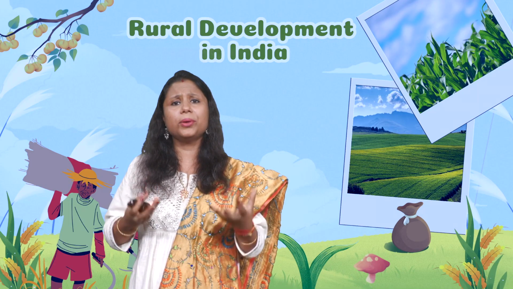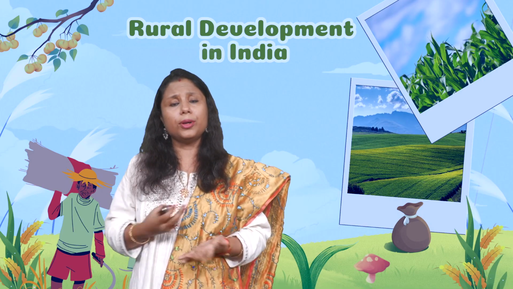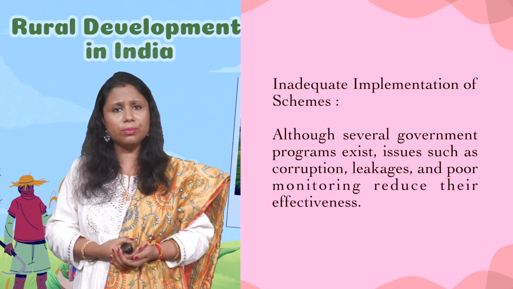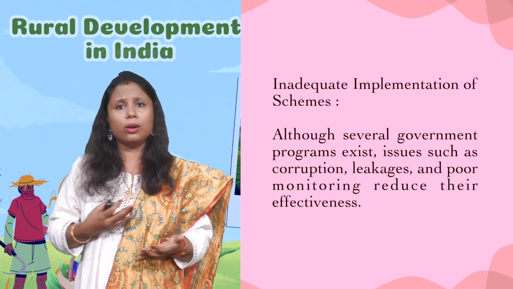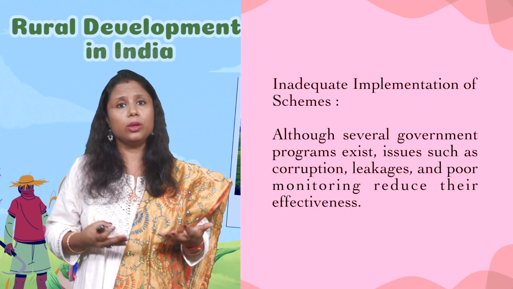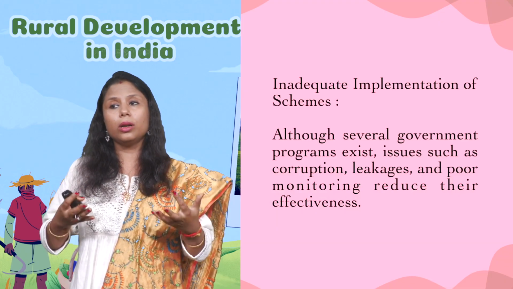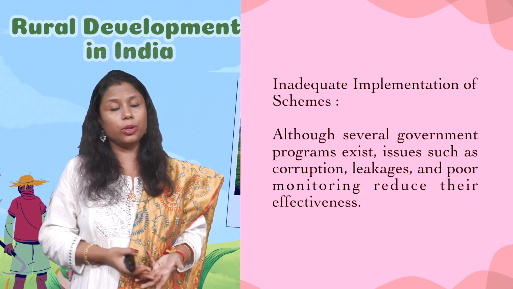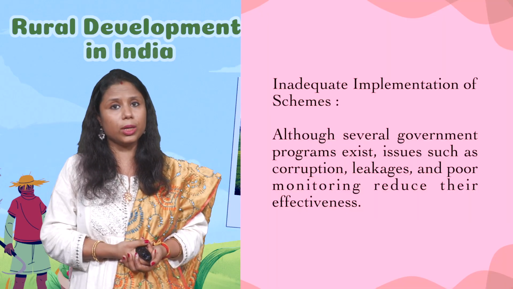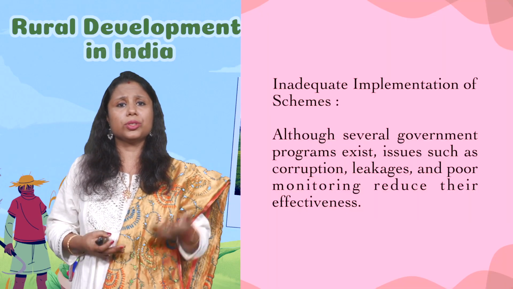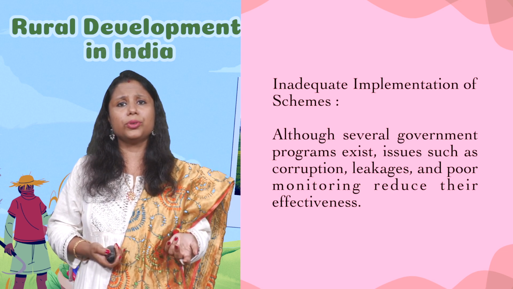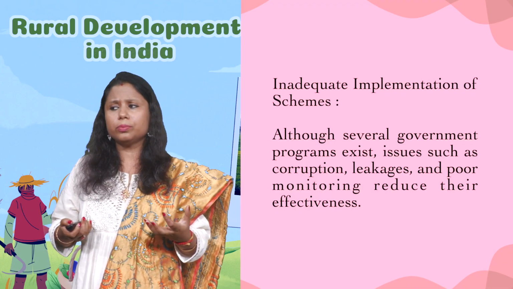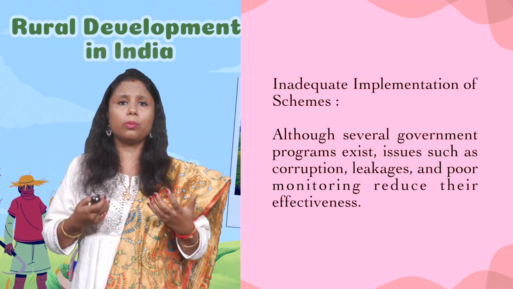And lastly, another major area of concern pertaining to rural health and nutrition is the inadequate implementation of government schemes. Although there are several government programs and schemes for improving rural health infrastructure, providing health facilities to the rural population, and providing nutritional benefits to the rural population, issues such as corruption, leakages, and poor monitoring reduce the effectiveness and actual functioning of these schemes and policies.